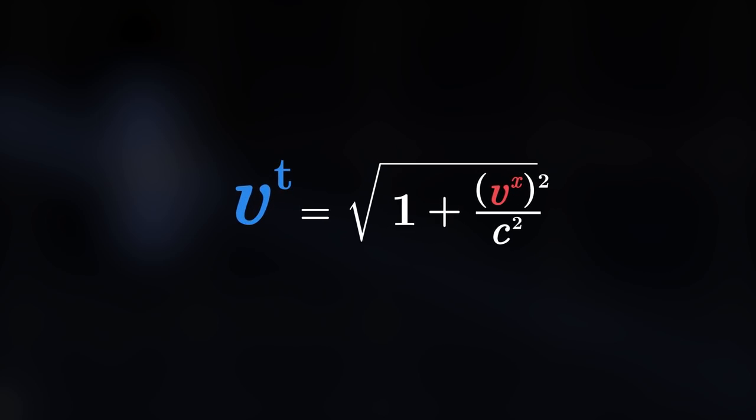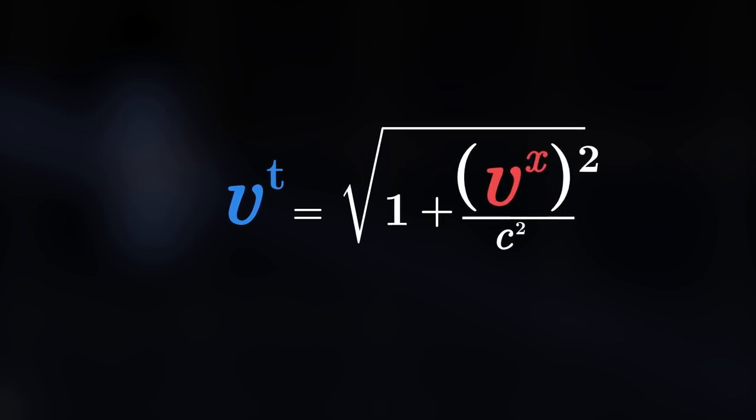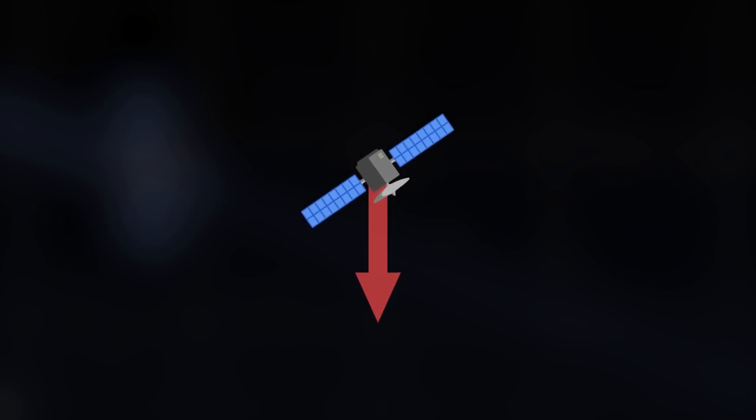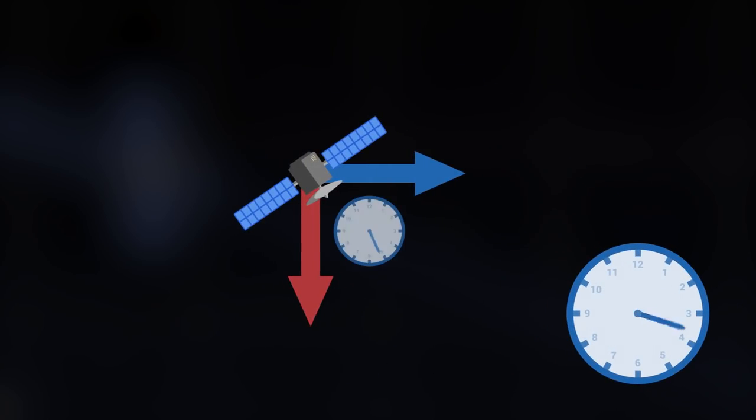This value is greater when the satellite moves faster through space. This means that the faster the satellite moves through space, the faster our time will pass compared to its proper time. The faster an object moves through space, the more its proper time slows down compared to our time.